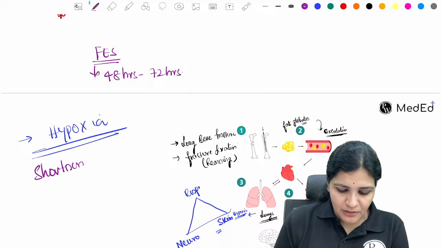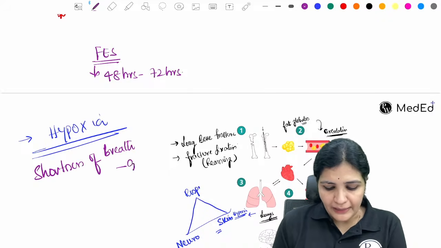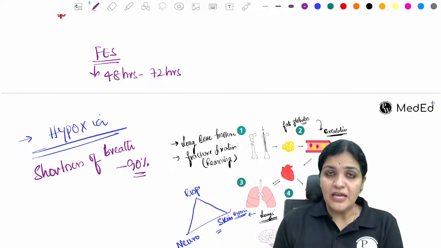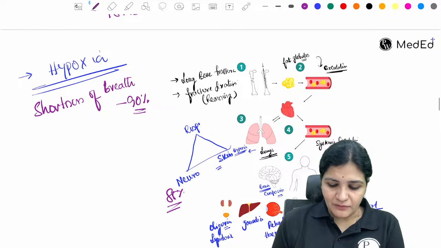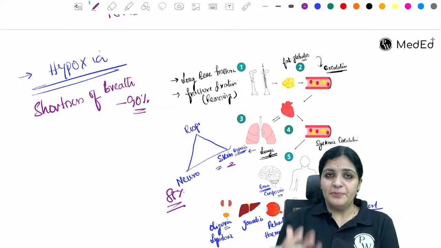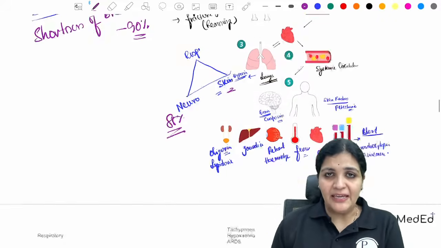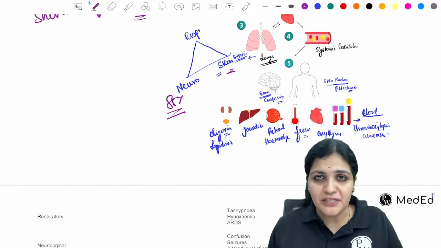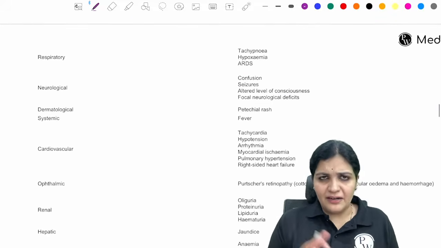So the first symptom we see is shortness of breath. Up to 90% of people present with shortness of breath, up to 85% with confusion, and up to 50% with the rash. These are the typical symptoms we see, and then we see this list of symptoms as the patient presents to us. These you can remember a little.